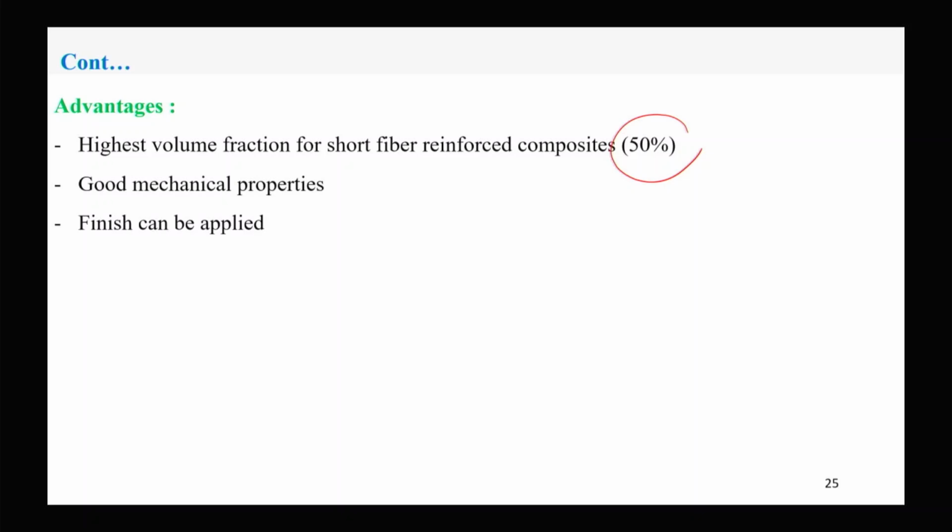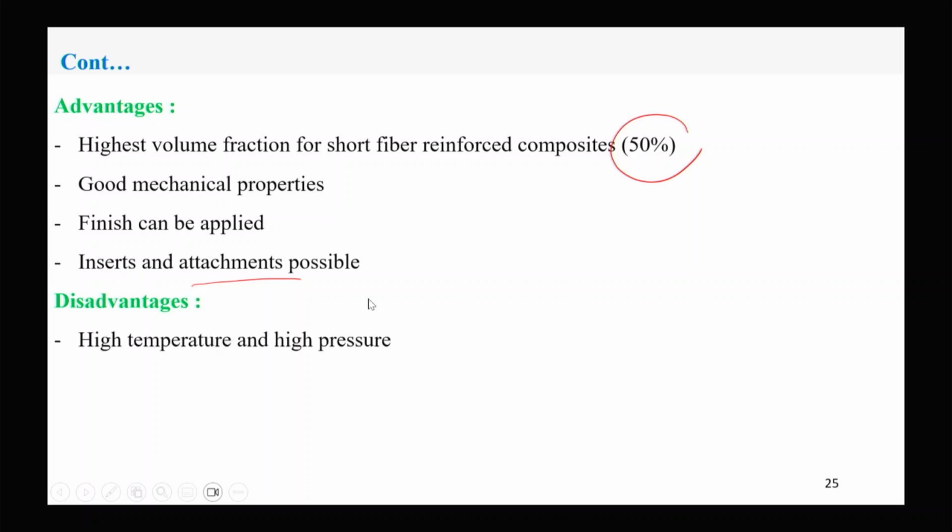Good mechanical properties. Finish can be applied. Inserts and attachments possible, so we can have some insert attachment here. High temperature and high pressure required here. This is the disadvantage.